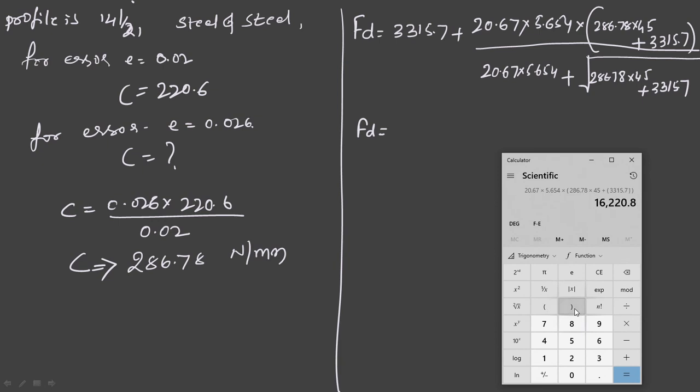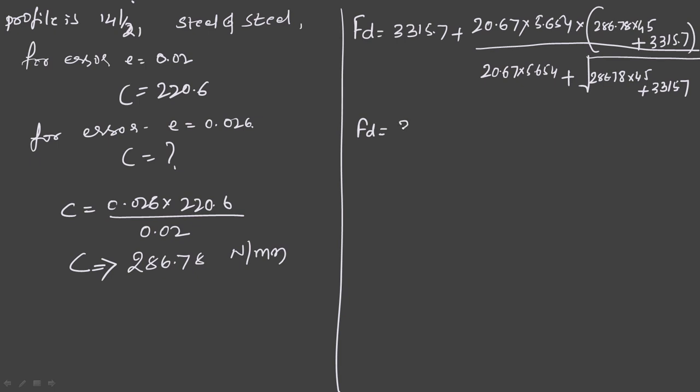Bracket complete. Okay, this is equal to 16,220.8. So 3,315.7 plus 16,220.8, all divided by, okay.